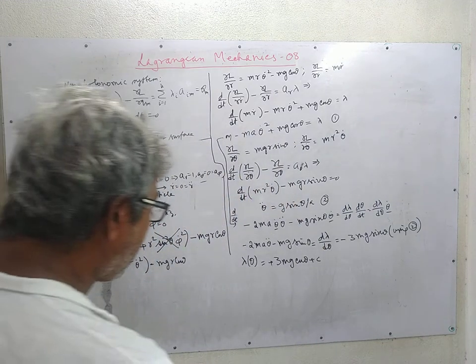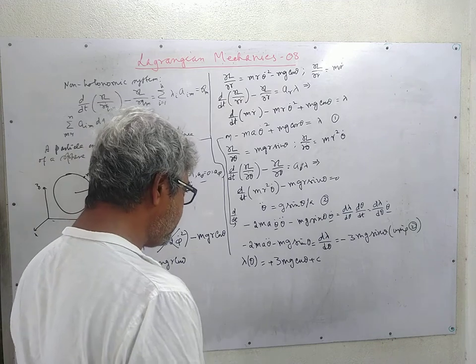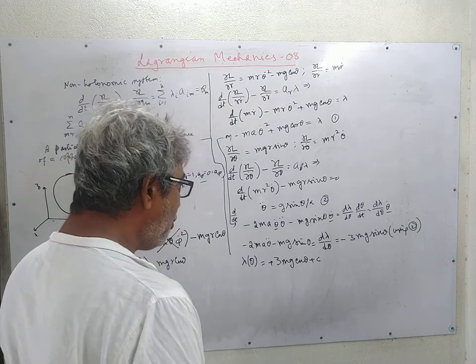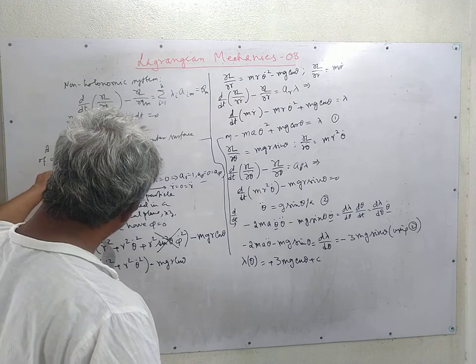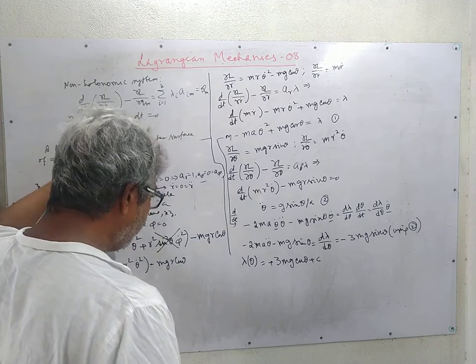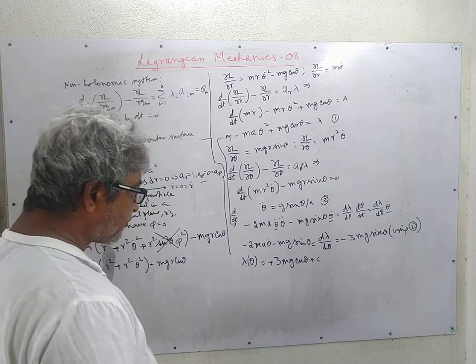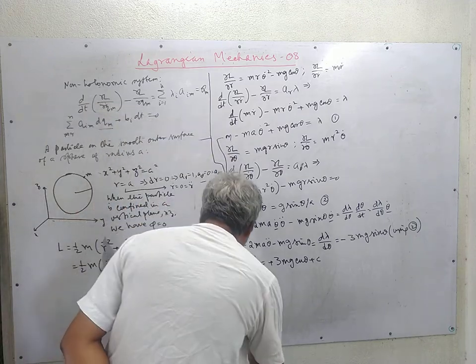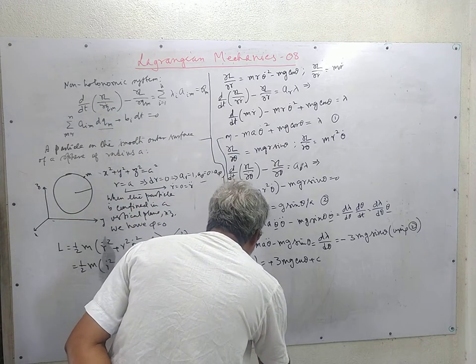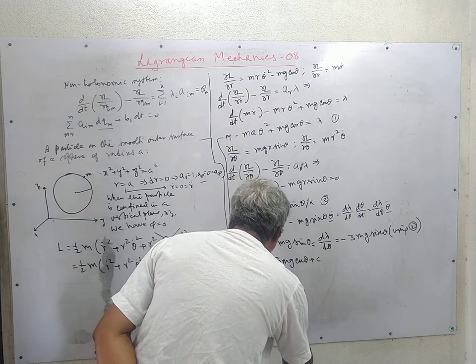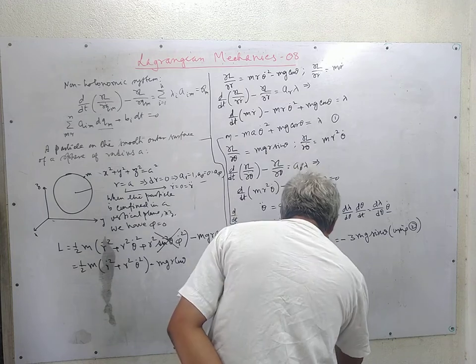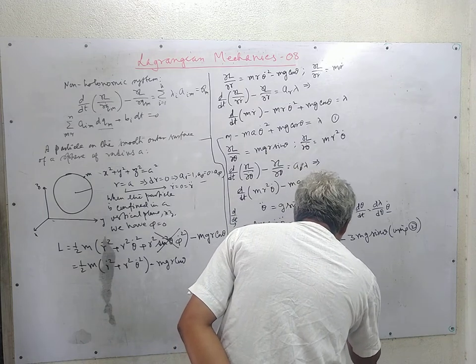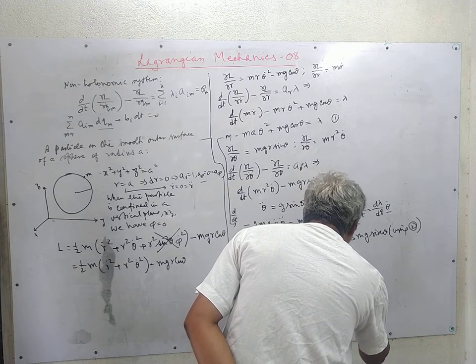To evaluate the constant of integration, we said that when θ is 0, that is when the particle is on the top of the sphere, the force of constraint is simply mg. So we set at θ equal to 0, λ is equal to mg, which gives c is equal to minus twice mg.